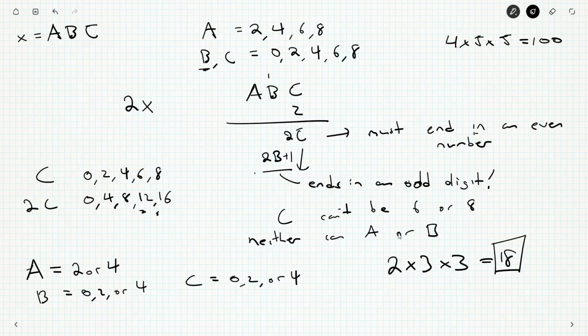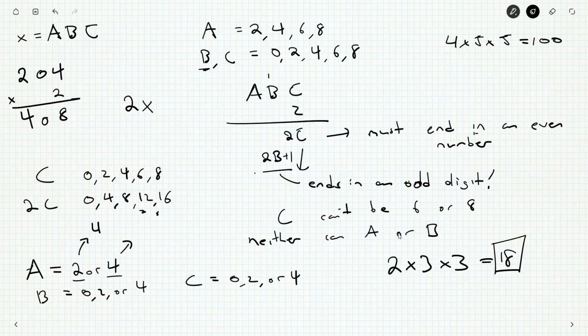For all of these, the 2 or the 4, let's just pick one at random for a moment. How about 2, 0, 4 and double it? We get 8, 0, and 4. Well, that's going to be fine. In fact, because all of these are single digits and nothing gets carried over, whenever A is 2, 2x starts with a 4.